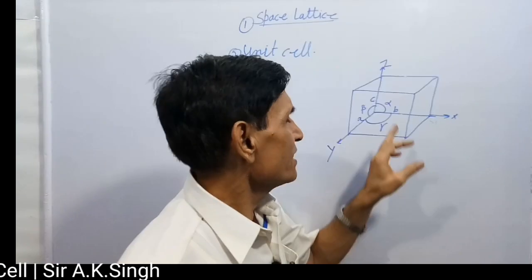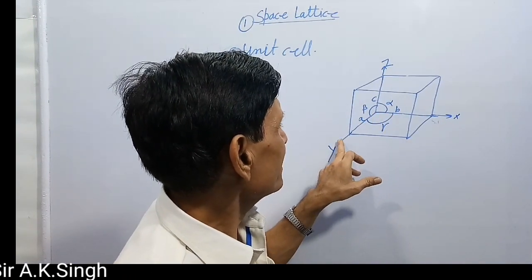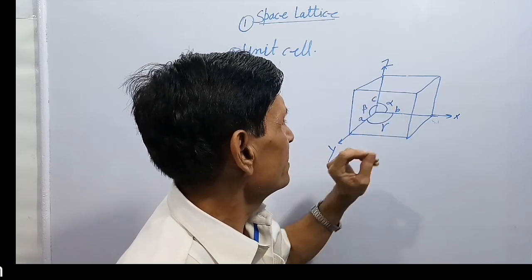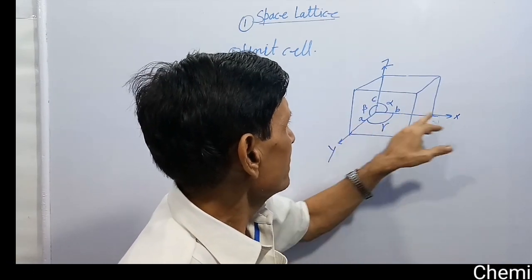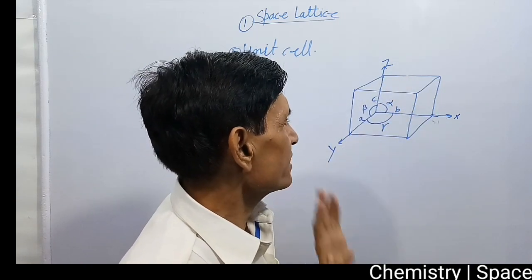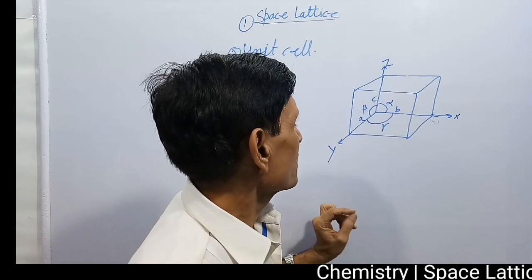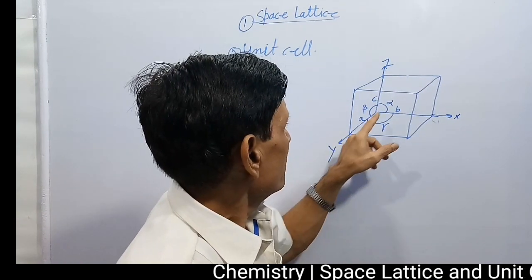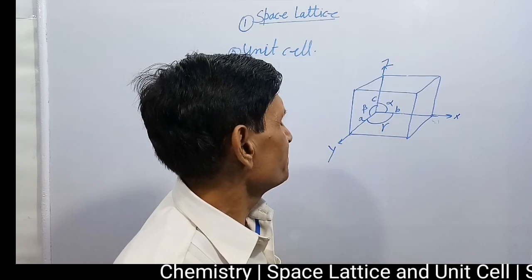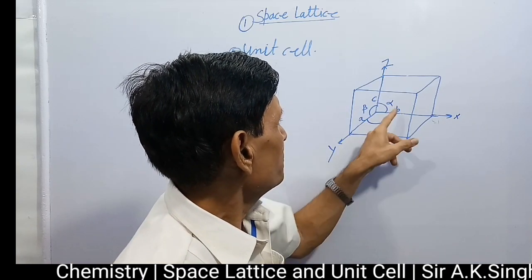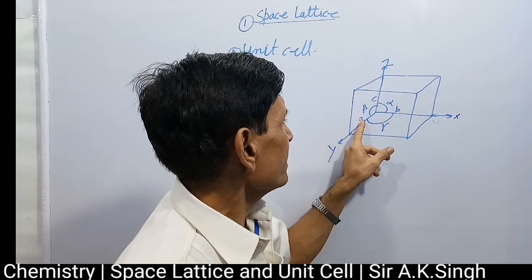Once again, unit cell is characterized by the edge lengths a, b, c along the three axes X, Y, Z, called axial distances, and by the axial angles alpha, beta, gamma between the edge pairs b and c, c and a, and a and b.